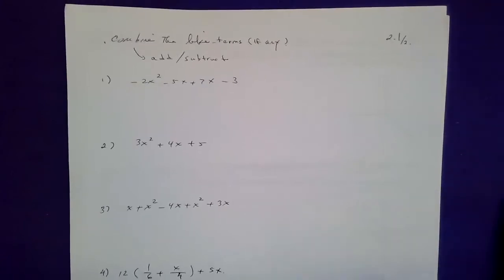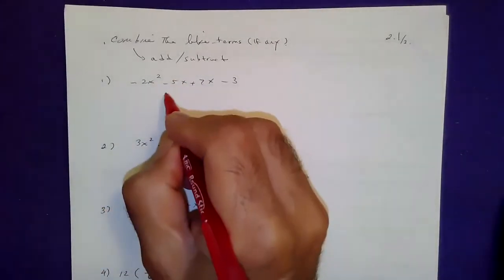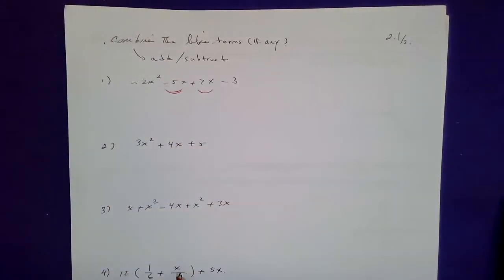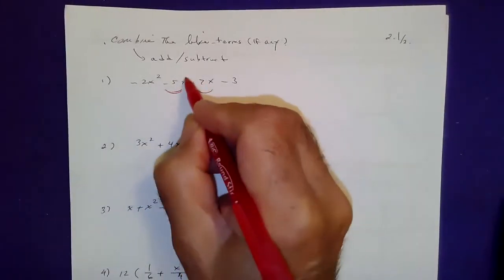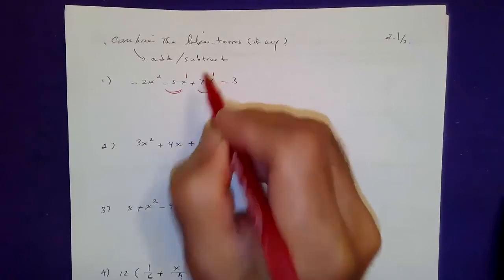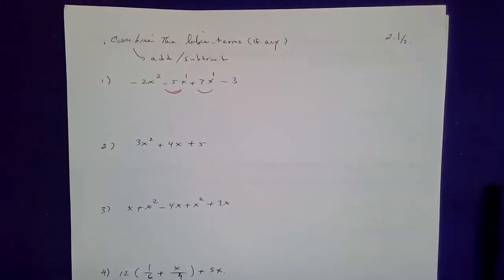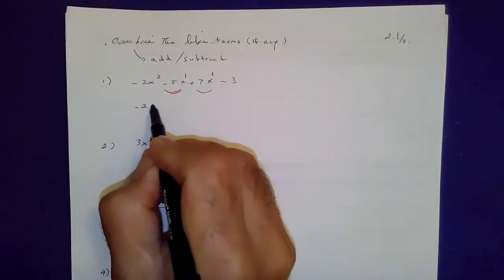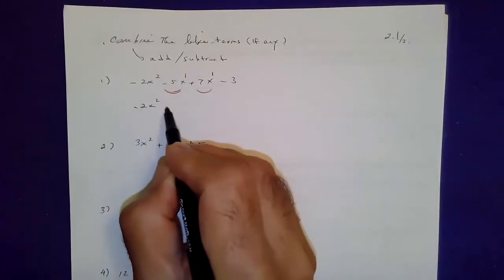So in this particular example, number 1, these two terms happen to be like terms. Why? They both contain x, and the power of x, which you don't see, happens to be 1. So we get to combine those. This one is one of a kind, but these two combine.